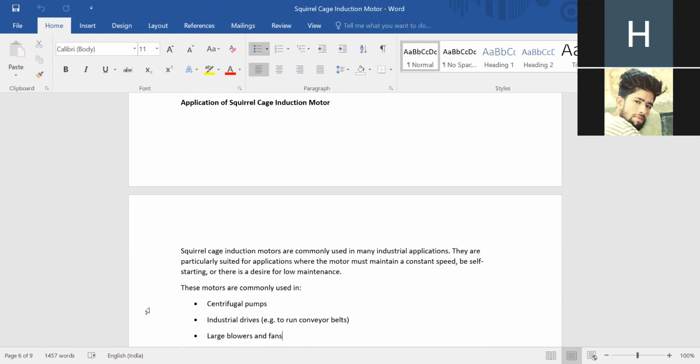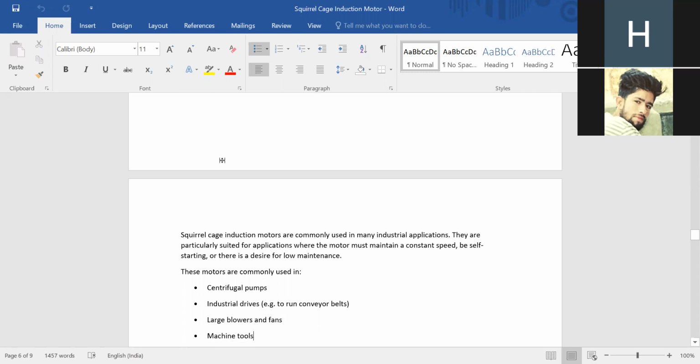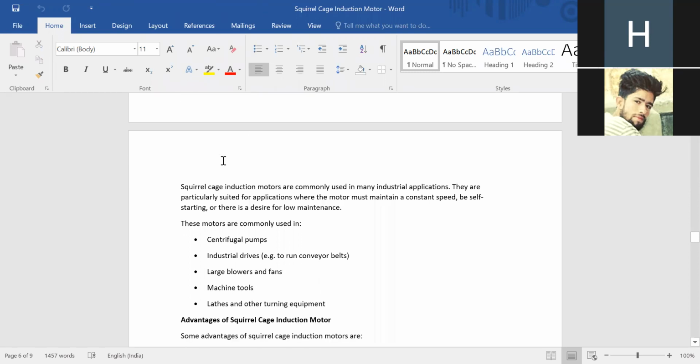We use them for centrifugal pumps, industrial drives, blowers, fans, and machine tools.